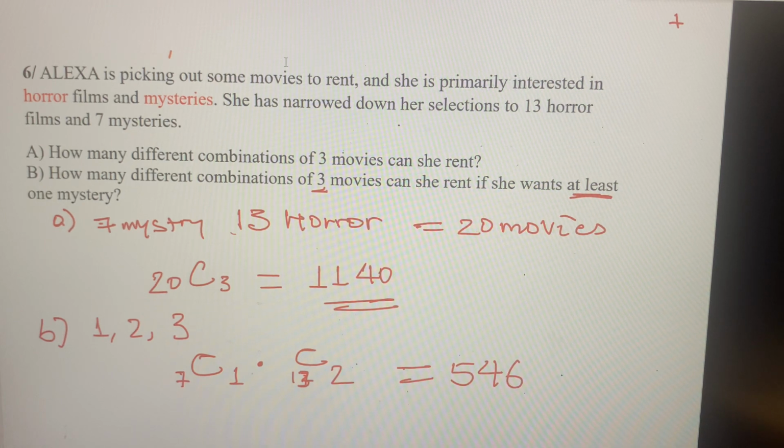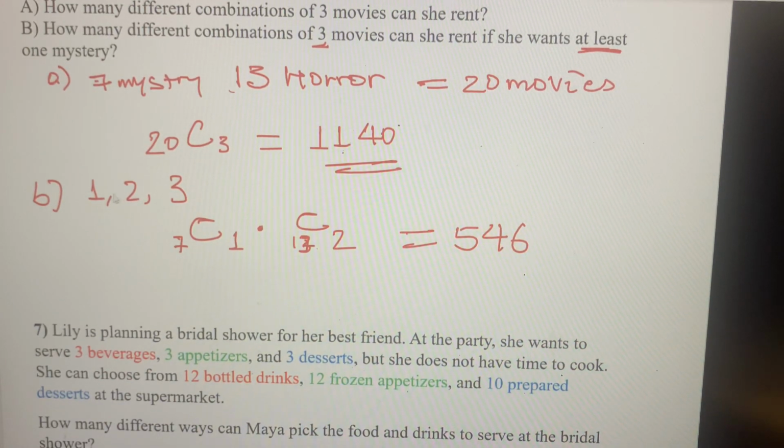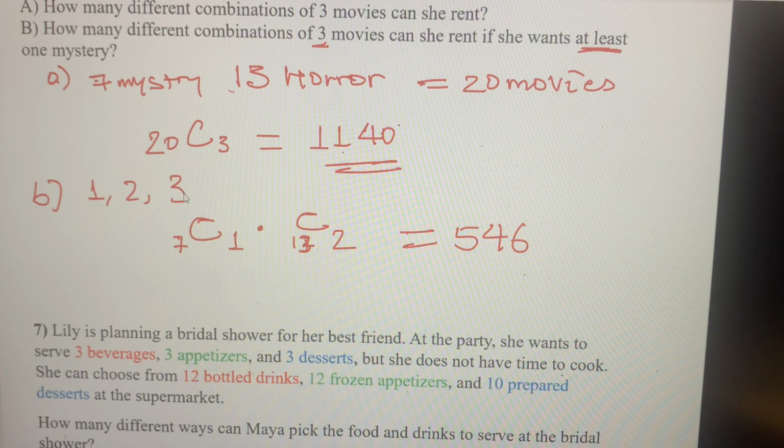Now, what is the second option? Remember, don't forget, it is 1, 2, or 3, because at least one mystery means 1, 2, or 3. So the second option is out of the 7, she can rent 2 mysteries, and then how many from the horror movies?